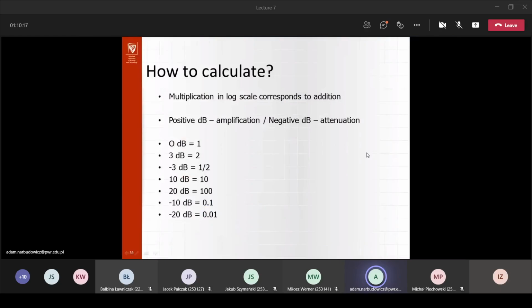Okay, right. So I really encourage you to practice that scale because the reason why we use decibels is to allow quick calculations, and usually at the exam there is at least one task which involves some simple calculation of a link budget.